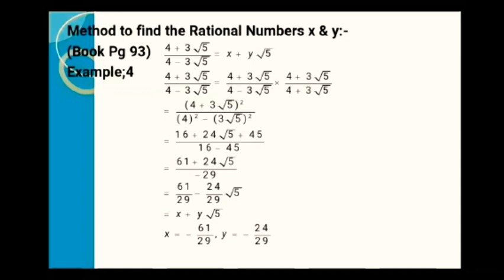As 61 over 29 minus 24 over 29 under root 5 is on left side and x plus y under root 5 is on right hand side, the value of x will be equated to 61 over 29 and y value will be minus 24 over 29, because under root 5 will be cancelled from both the sides. One thing you have to keep in mind, 61 over 29 is a negative value, so you will insert the negative symbol upward also.